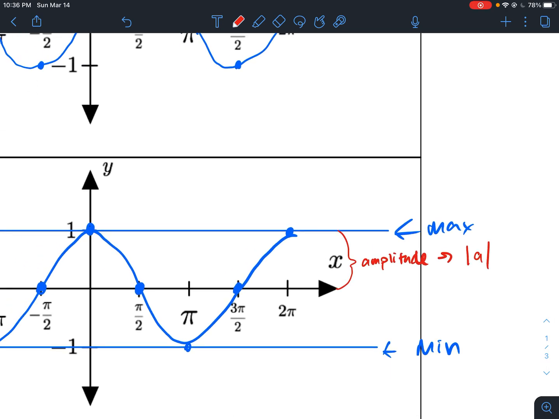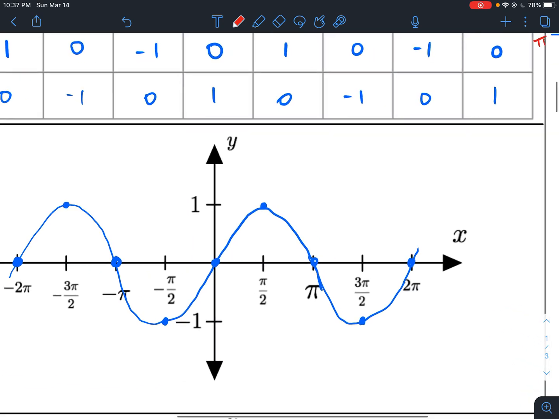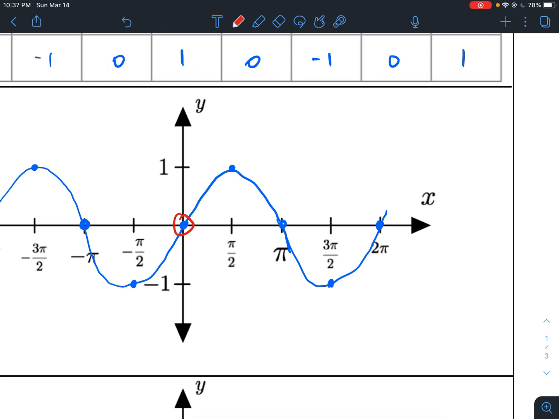Next, you notice that this works in cycles. These waves are in cycles. So meaning that starting at the origin for the sine function, you're at 0. Now to get all the way back to 0, or to go through one full rotation, you come up and down and up, and that's where you start over again.